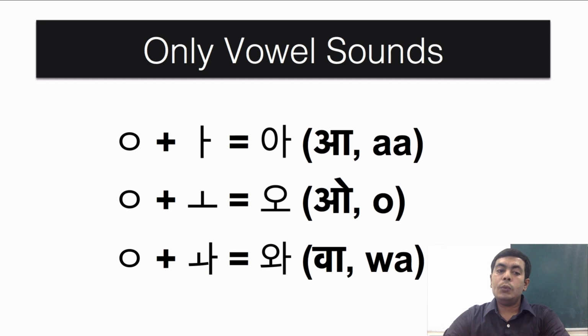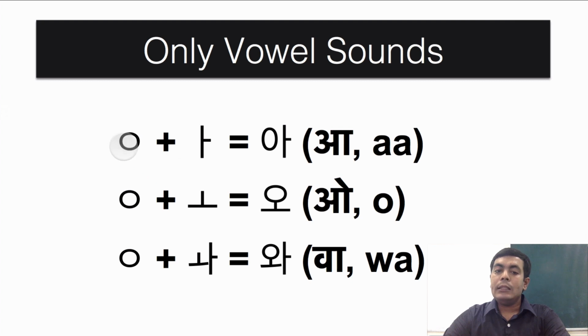So what we do to represent a vowel sound is we add ng with the vowel. In that case, when ng is followed with a vowel character, it works as a null character or as a placeholder. So it has no pronunciation itself. It loses its pronunciation and we just pronounce the vowel character.